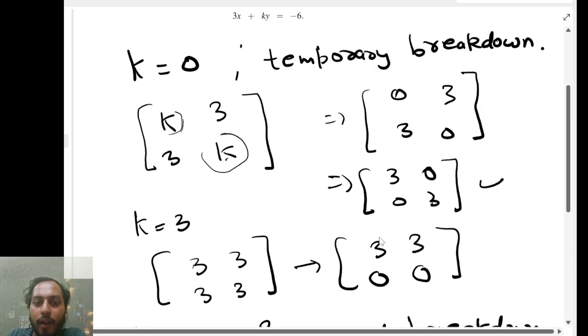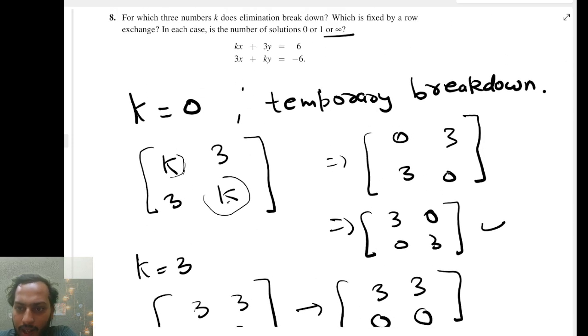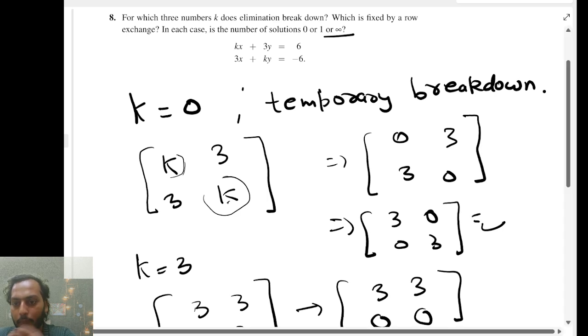If I talk about my first case, the temporary breakdown, I got the upper triangular matrix 3, 0, 0, 3. And what is my augmented matrix? It's a 6 here, and what should be here? I'm taking 0. If I'm taking 0, I'm doing the row exchange. Okay, minus 6 would be here and 6 would be here. If I solve it, what is the solution?